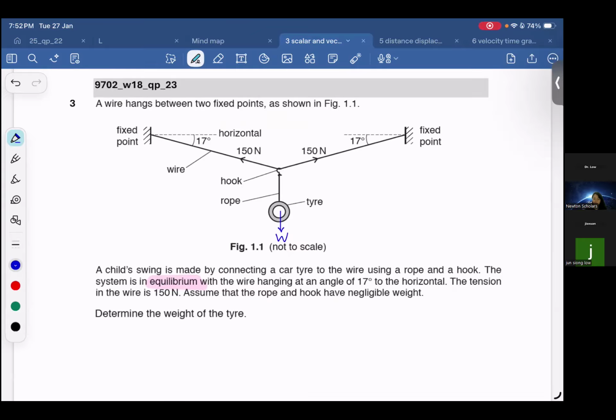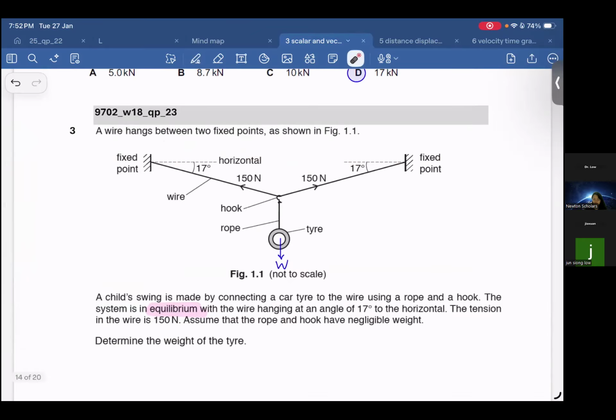They're asking what your weight is. How do we know the weight? You should know the force in the opposite direction, because there must be a force in this direction to balance our weight. Where is this force? Actually, these two vertical forces come from the tension here. So I need to resolve it into this direction.